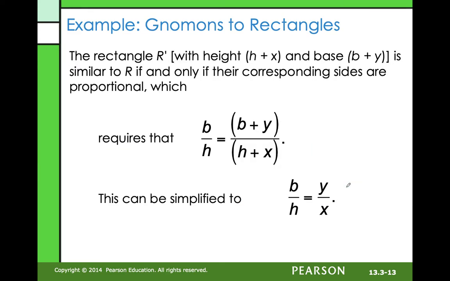A rectangle R prime is similar to R if and only if their corresponding sides are proportional, which means that b over h has to be equal to b plus y over h plus x. With a little bit of simplifying, you can say then that b over h has to be equal to y over x.